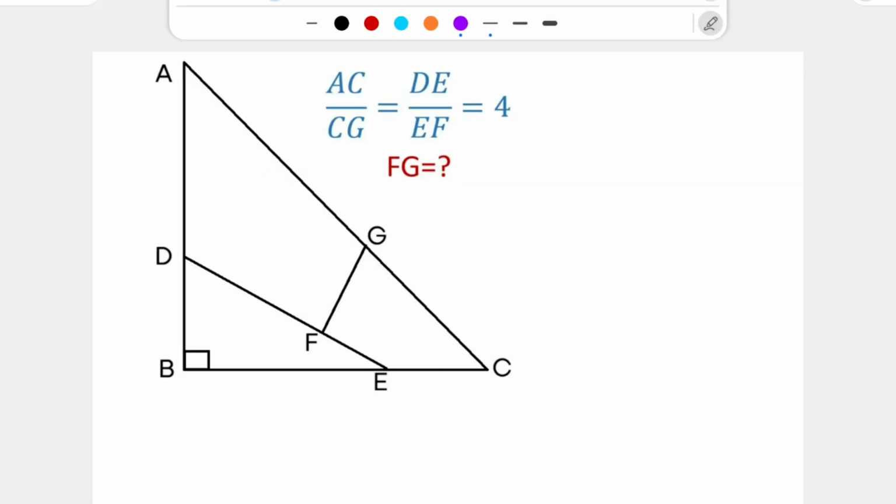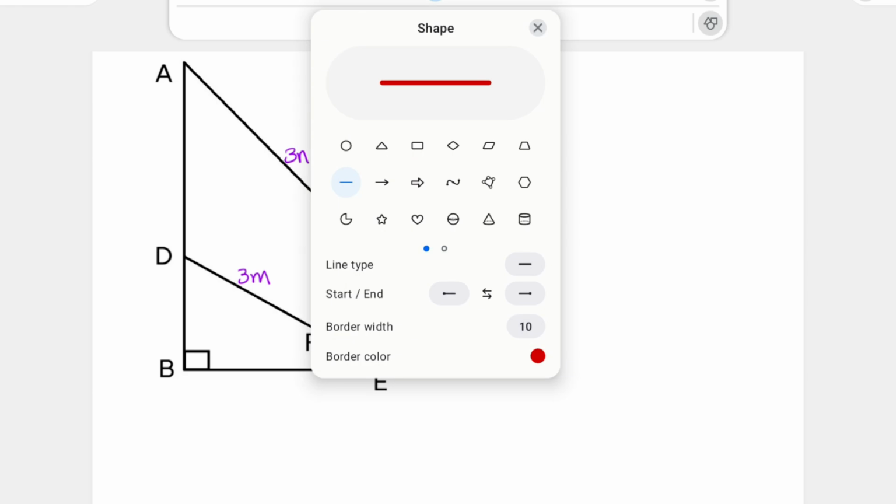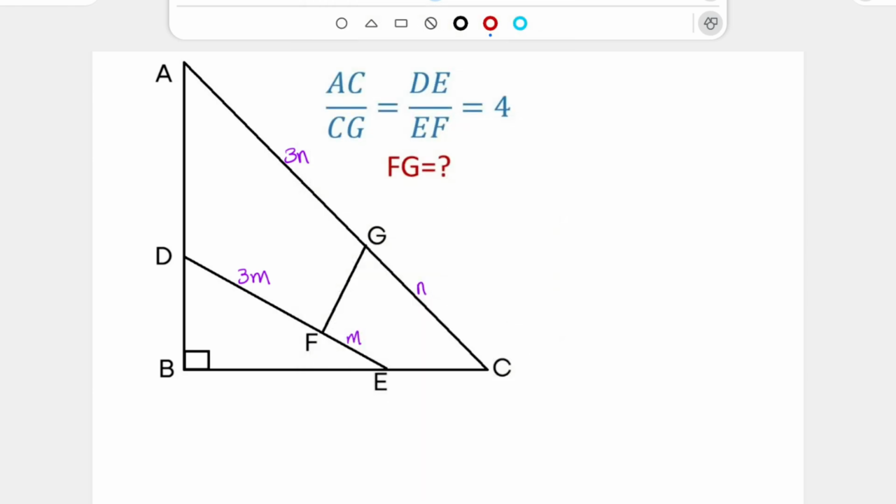Now, we're given in our problem that AC over CG is equal to 4. This implies that if here is n, then here is going to be 3 times n. And since DE over EF is 4, if here is m, here is going to be 3 times m. Now, the problem is that we don't have a triangle to apply this theorem to. So we will have to create such a triangle ourselves and try to use the theorem.